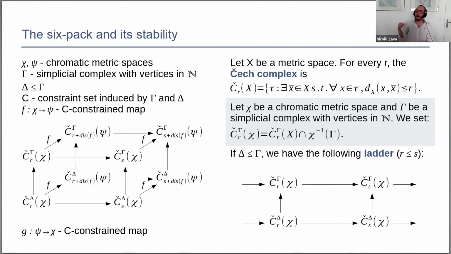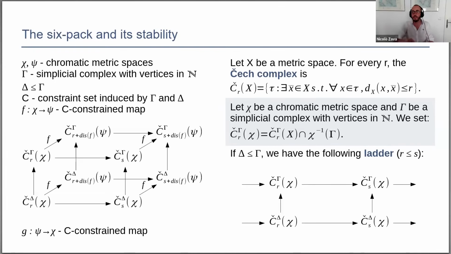Since you also have a bound on the co-distortion, all the side diagrams of the diagram that you create in that way commute, or commute up to contiguity, which means that once you apply the homology functor, everything perfectly commutes.